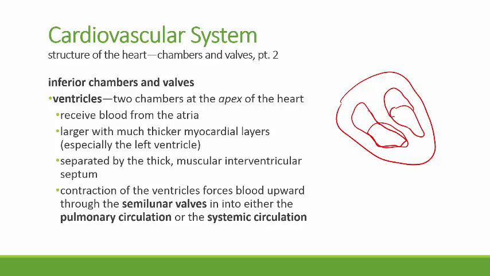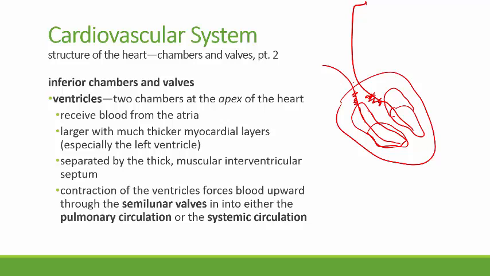And as the ventricles contract, they force blood upward toward the base and out the aorta or out the pulmonary trunk. And they go through either the pulmonary valve or the aortic valve to get into the pulmonary trunk or the aorta.